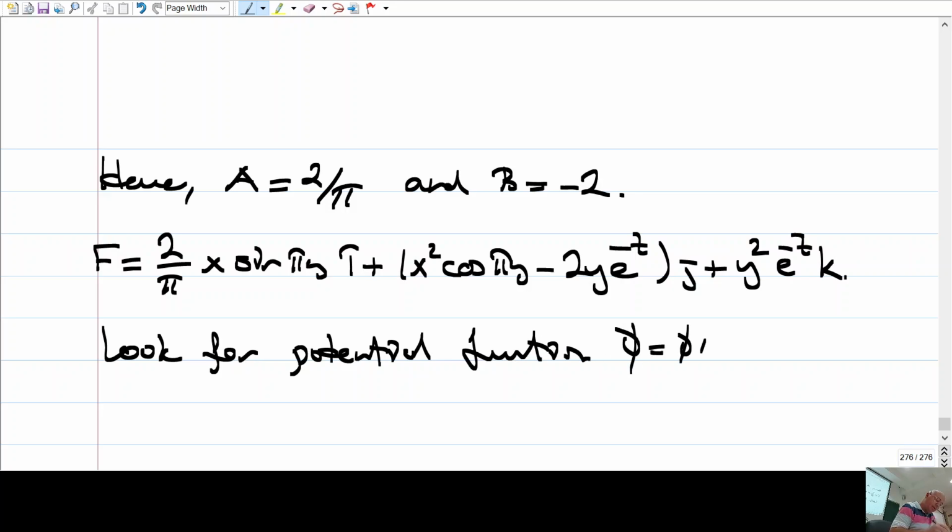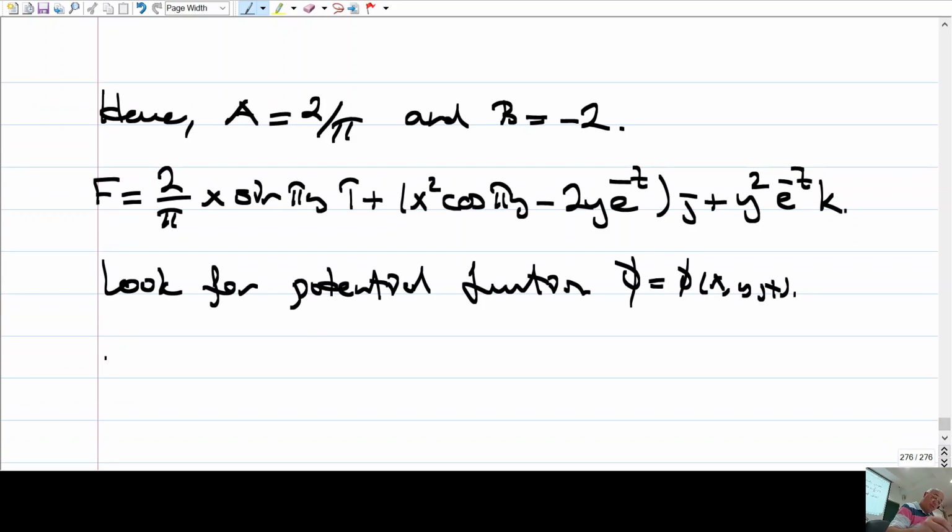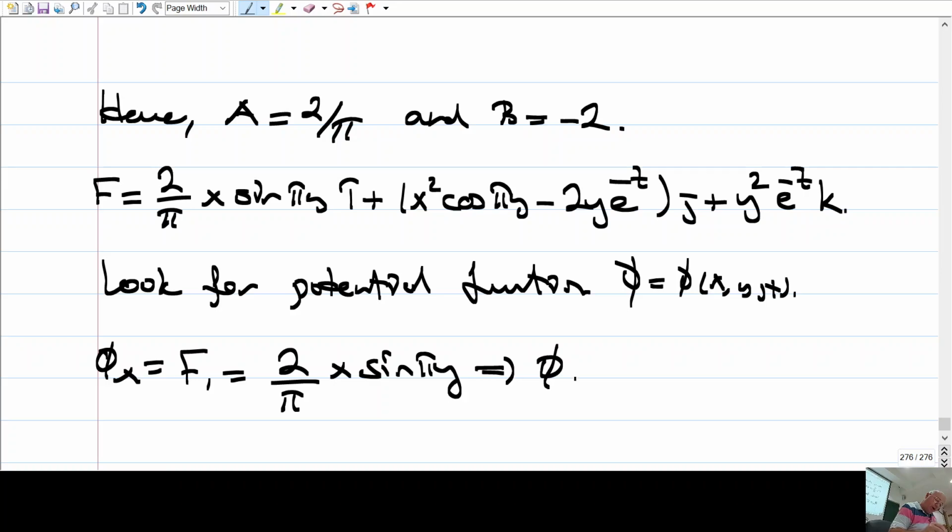Phi of x, y, z. Its x derivative is F1, which is 2 over pi x sine pi y. Therefore, phi should be what?